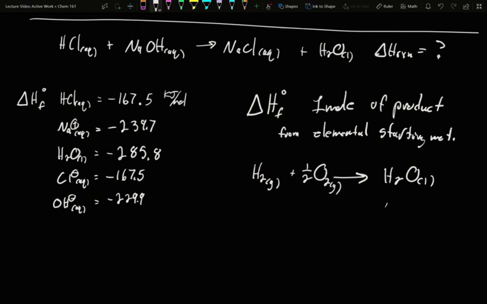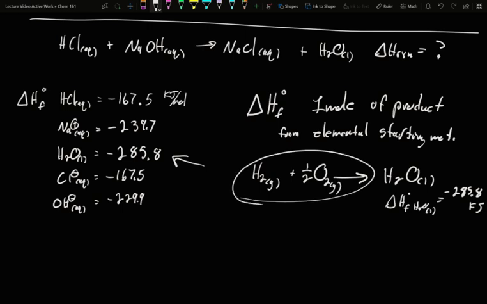The enthalpy of this reaction is written as the delta H of formation of water liquid, and it happens to be, as is indicated over here, negative 285.8 kilojoules. To do this reaction would give off 285.8 kilojoules. We started from elemental starting materials.